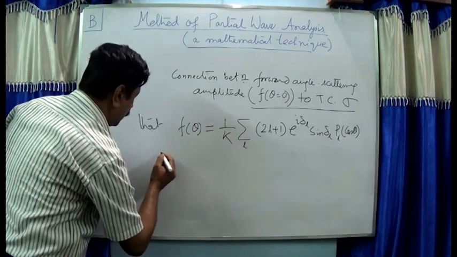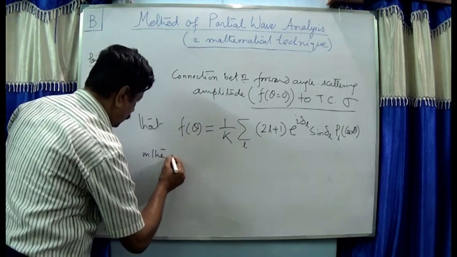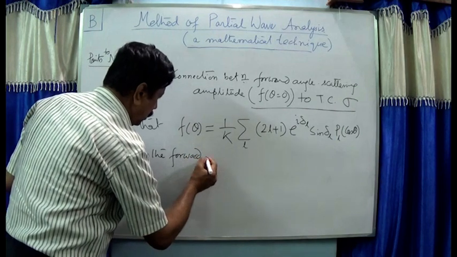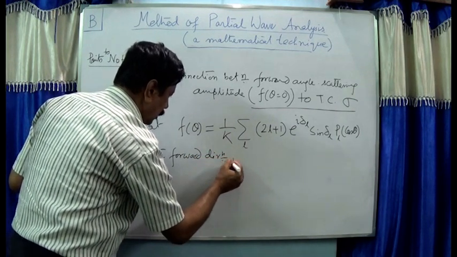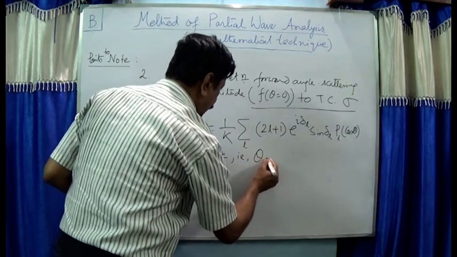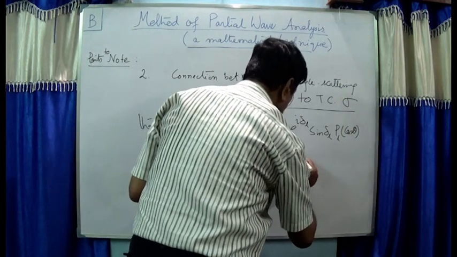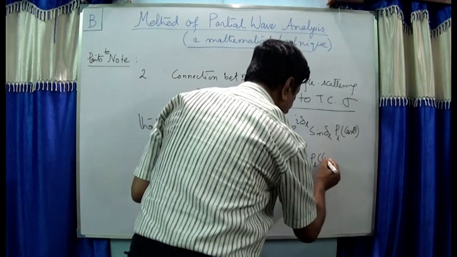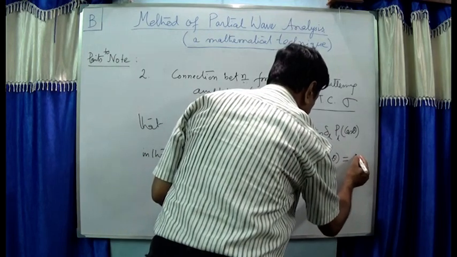In the forward direction, that is when theta equals 0, we get the Legendre polynomial P L cos theta as 1.